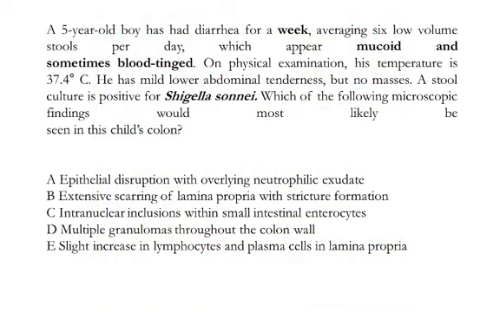He has mild lower abdominal tenderness, but no masses. A stool culture is positive for Shigella sonnei. Which of the following microscopic findings would most likely be seen in this child's colon?